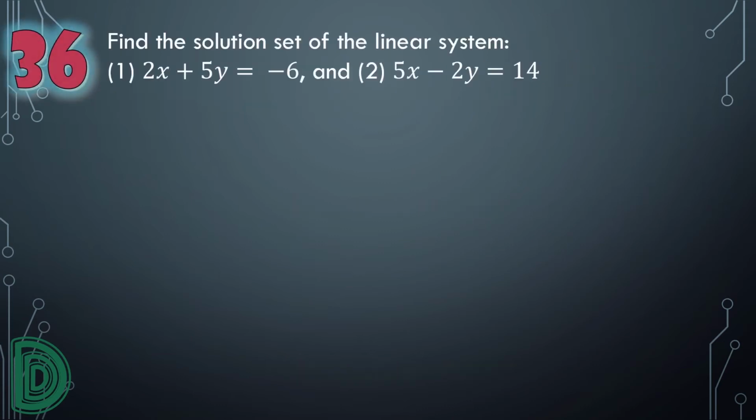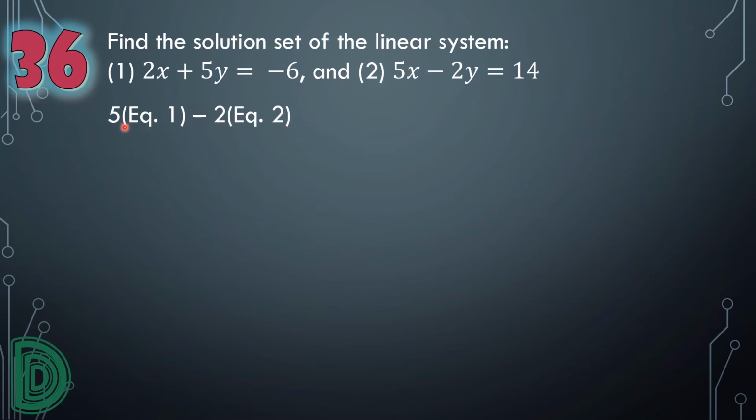36. Find the solution set of the linear system. Equation 1: 2x plus 5y equals negative 6. And equation 2: 5x minus 2y equals 14. Our solution is by elimination.